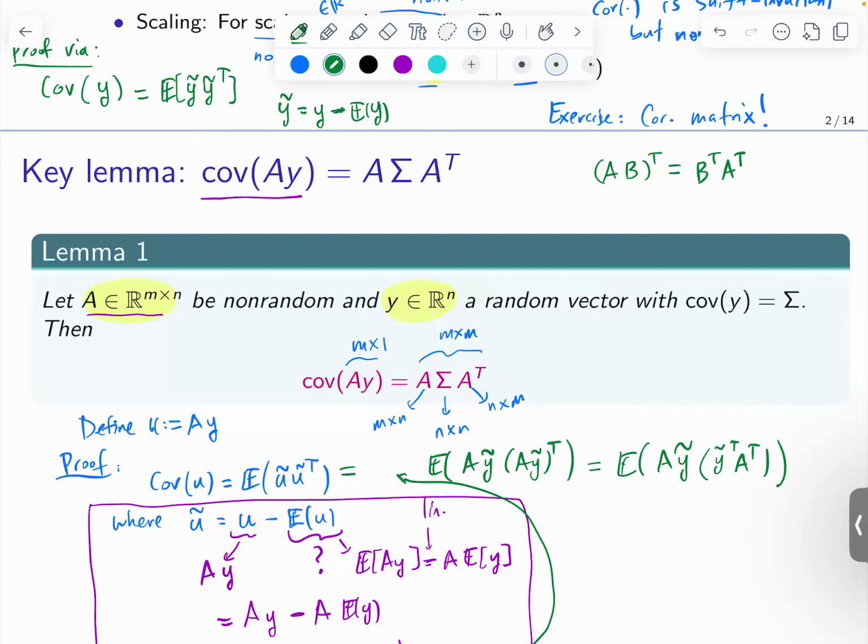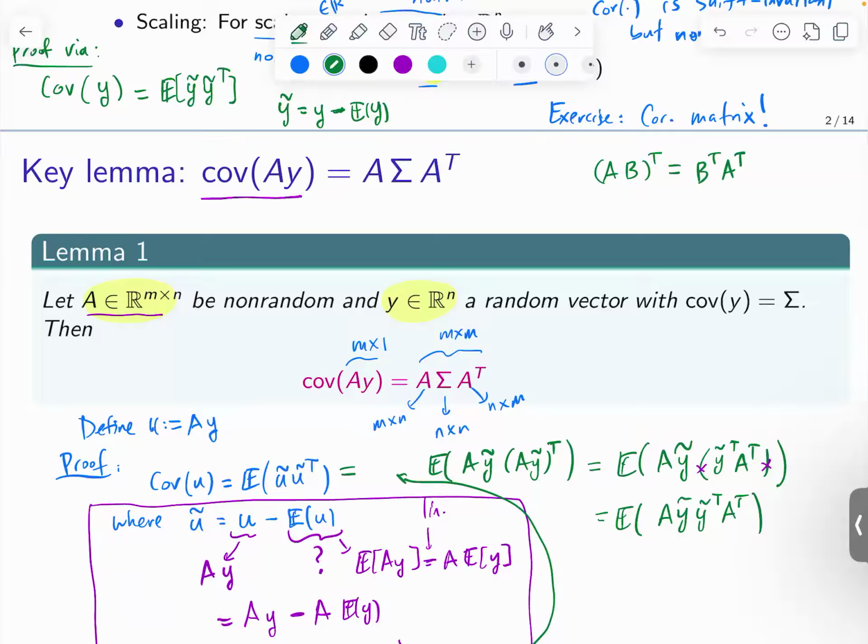Parentheses don't really matter, so I can just drop them and put them anywhere I want. So maybe you can have a giant expression like A Y tilde transpose A transpose, and you can make the products in any order.